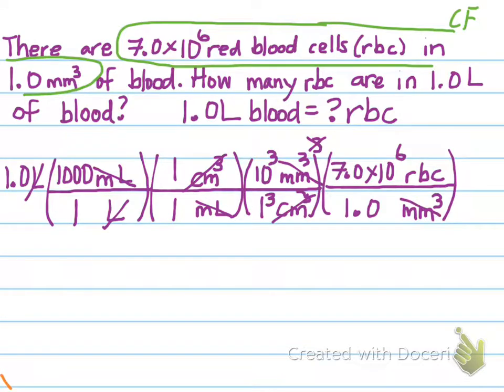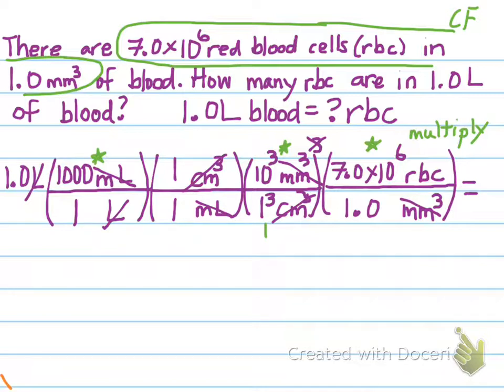So now notice that the units I'm left with are red blood cells. Again, remember, I'm going to multiply by these numbers because they're in the numerator. And I am going to have to divide by these numbers, but 1 cubed, remember, is still 1 and 1. So realistically, I don't have to do any division to get this problem on my calculator.